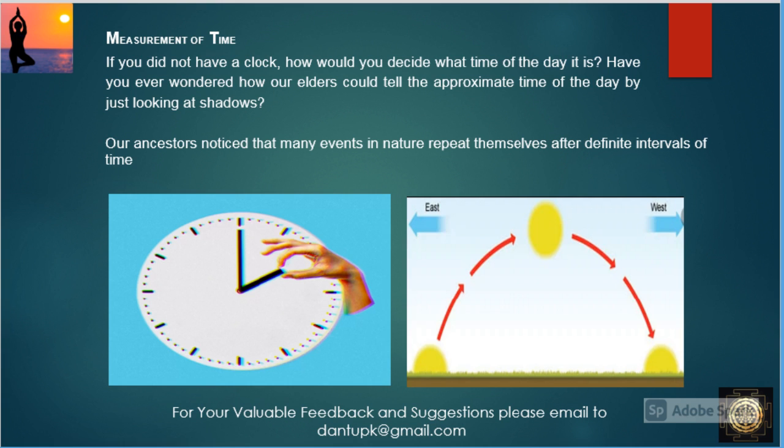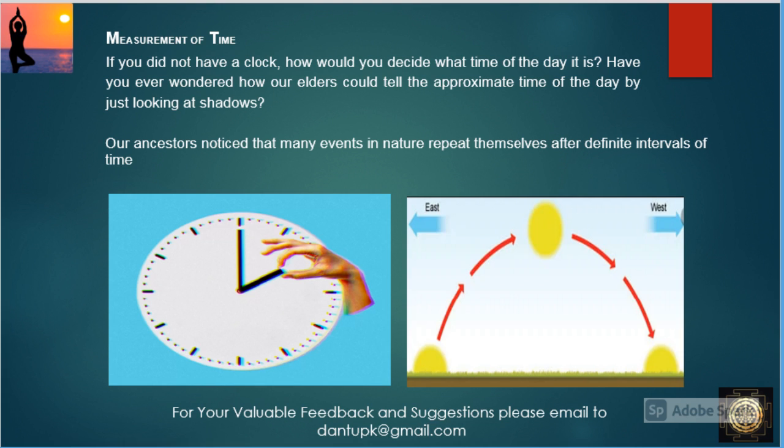For example, they found that the sun is every day rising in the morning. The time between one sunrise and the next was called a day. Similarly, a month was measured from one new moon to the next. A year was fixed as the time taken by the earth to complete one revolution of the sun.